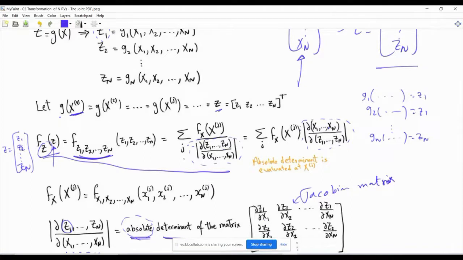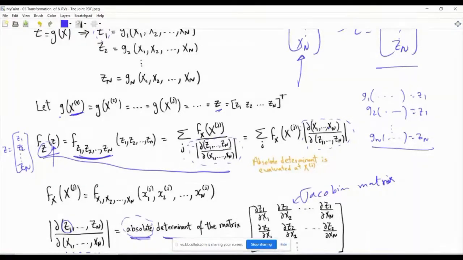So the summation here is a summation over all possible x values that are mapped with function g to give you the vector small z1, small z2 up to small zn. And what you do is that you take the joint PDF of big X1, big X2 up to big Xn, and you put in the solutions to this system of equations.